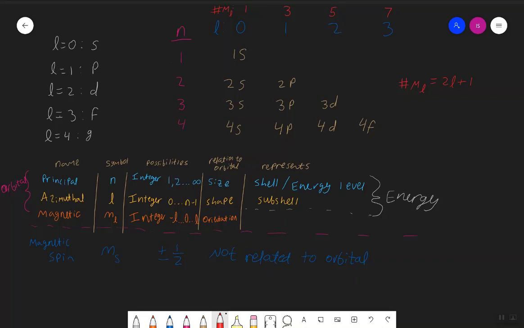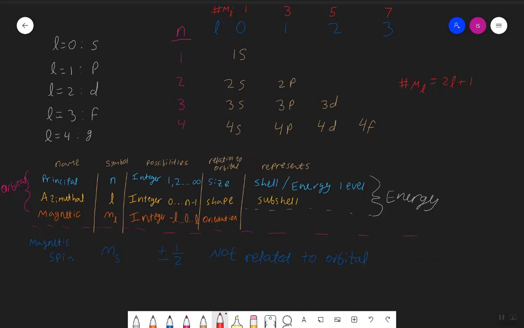So now the last thing we can talk about is what is called the Pauli exclusion principle. Okay, the Pauli exclusion principle. And what that says is that no two electrons in an atom can have the same set of quantum numbers. Now there are 4 quantum numbers here. We have n, l, ml, and ms. This is where magnetic spin comes into play.